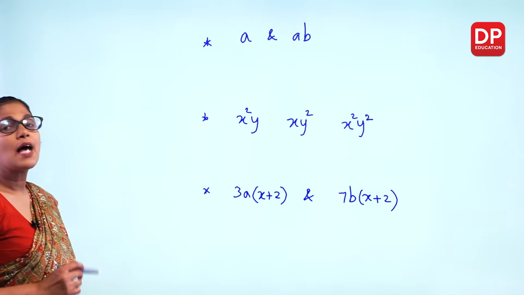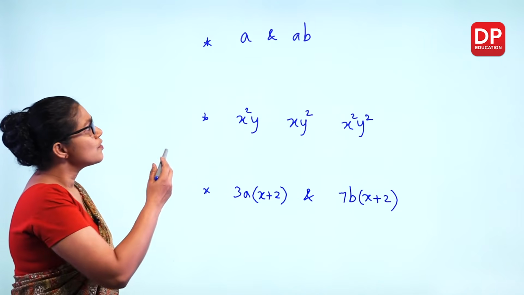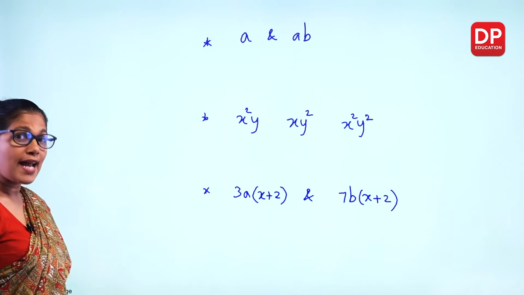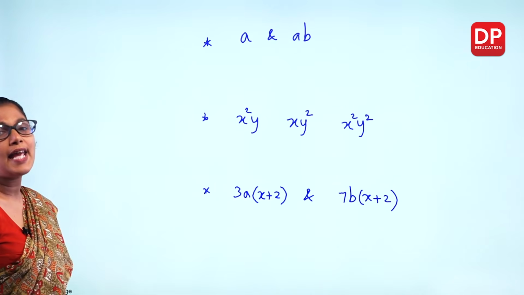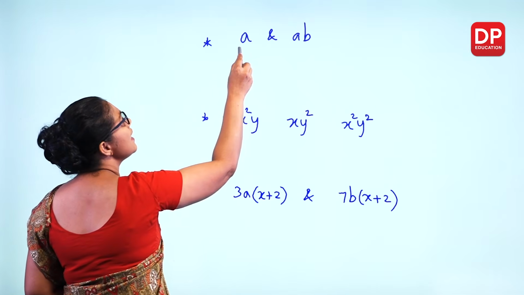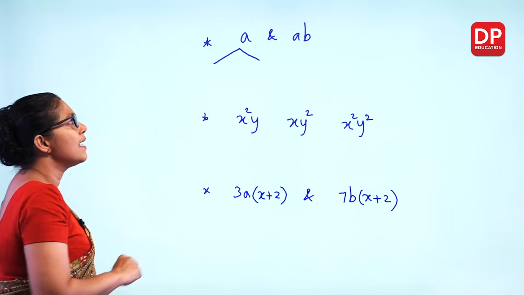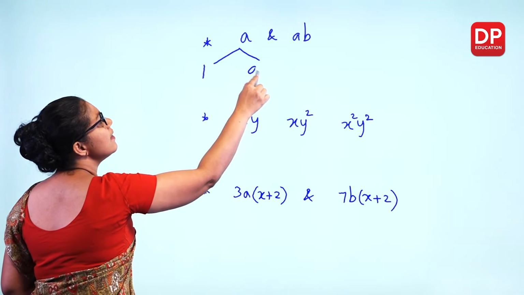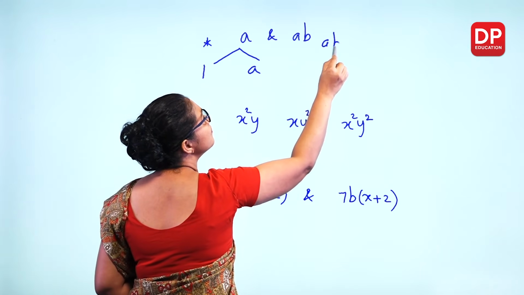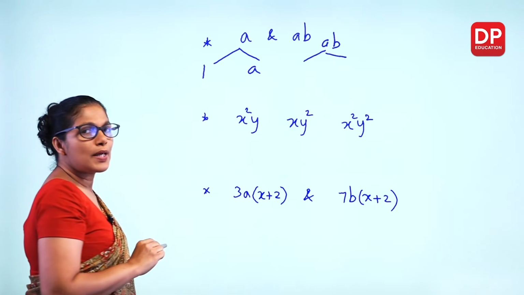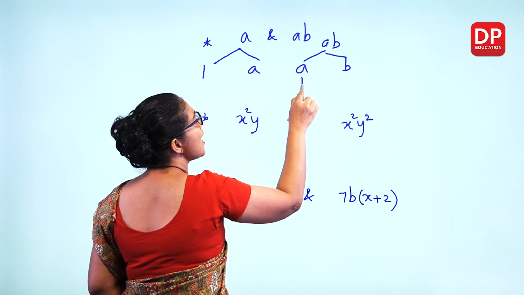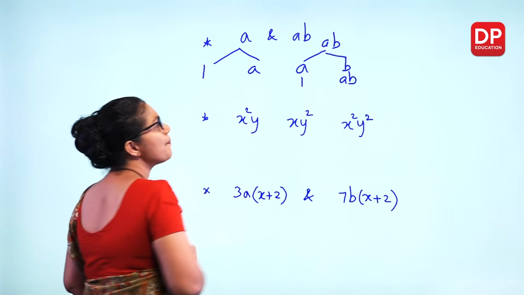Now we'll take some more examples. So if we want to find the greatest common factor of A and AB, what do we do? We can see what are the factors of A? 1 and A. What are the factors of AB? We can say A times B, 1 times AB.